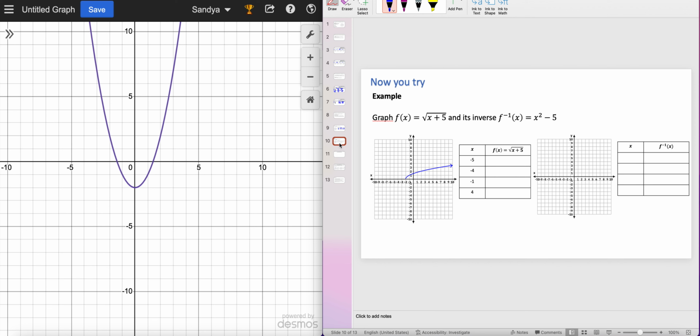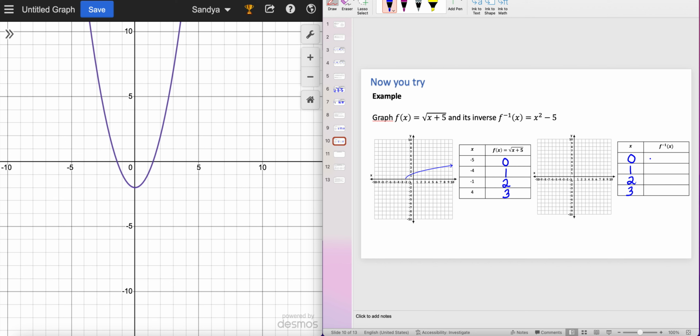Now you can go ahead and pause the video and try this one on your own. If we're doing the square root of x plus 5, these values over here, this will be 0. You should get 1, and then 2, and then 3. So we're going to reverse the values. The y values are going to go into the x column, so we have 0, 1, 2, 3.